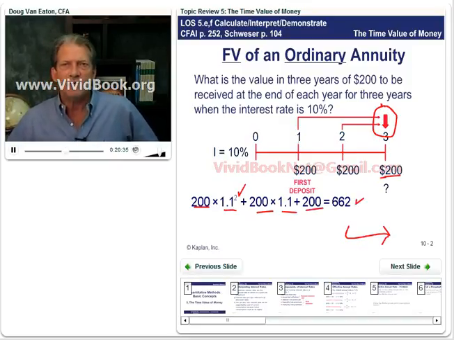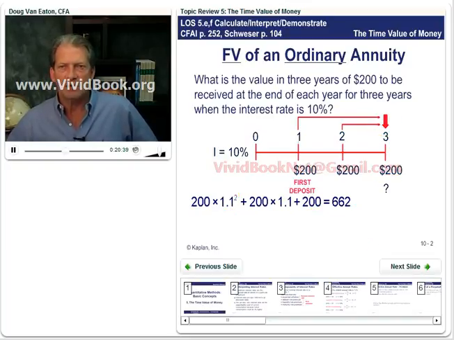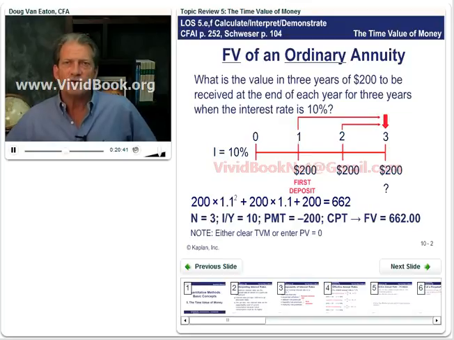And we see our future value here is $662. If we want to do this on the calculator, we put in the payment as minus 200, the present value as 0, nothing in the account to start with, and calculate the future value and get the same answer, thank goodness, 662.